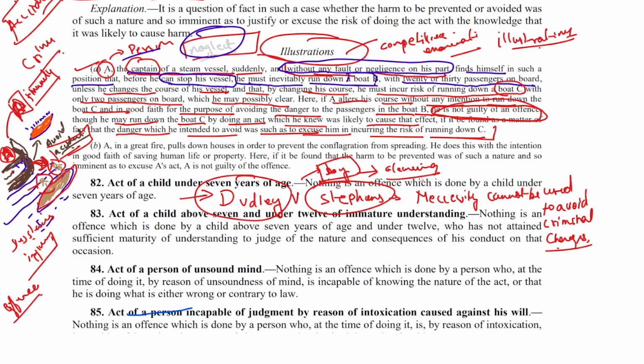When the matter went up to the court, Dudley came up with the defense of stating that since we were starving and had no other option, and we had to survive any which way, we together decided that we would kill the boy and eat, because had we not killed that person, we all would have died.